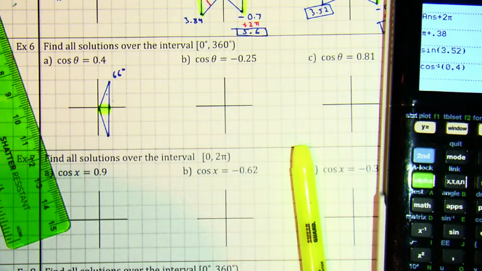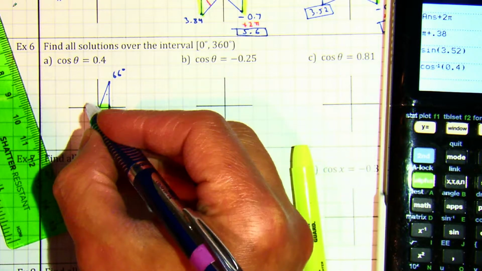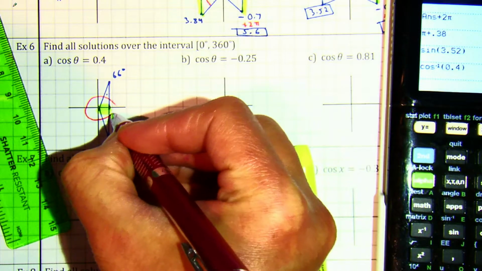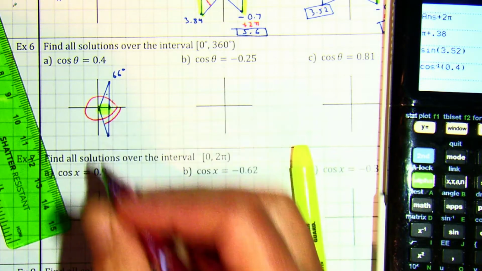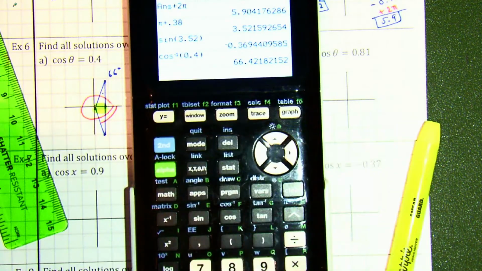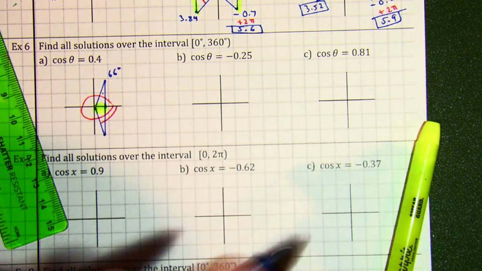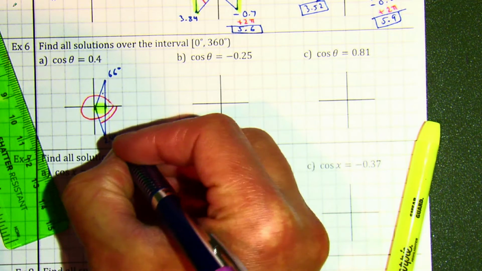How can I find it? Correct. I want to take 360, and then I'm going to go back the same amount, which is 66. I'm going to take 360 minus 66, which is 294. So therefore, this is 294 degrees.